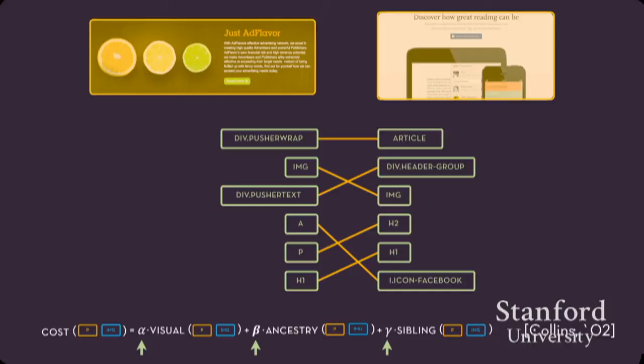We do this by using the generalized perceptron algorithm, which is a standard structured prediction technique. In this way, we can learn the cost model that best reproduces human behavior and subsequently use it to predict mappings between any pair of web pages.